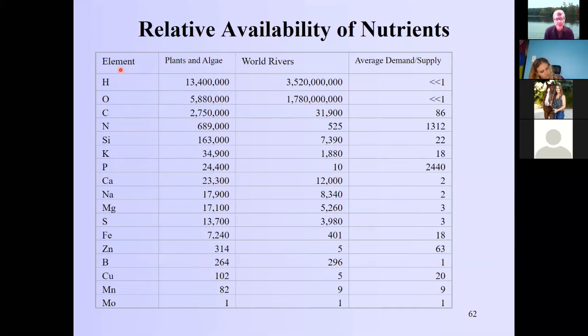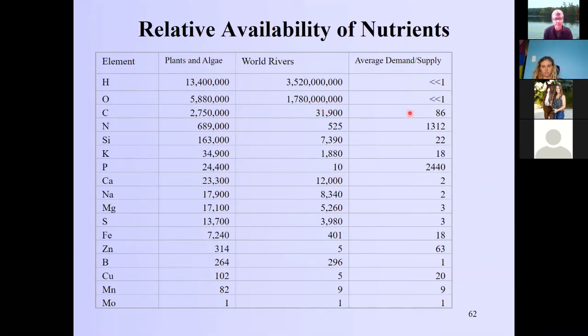And so the last thing to do that's really important as far as nutrient limitation is to think about the average demand over the supply, right? So you just take the ratio of these two things to each other. There's lots of water around in freshwater habitats, so that's not so likely to be limiting because supply over demand is low. However, organisms do need carbon some, so the demand is a little bit higher than the supply rate.